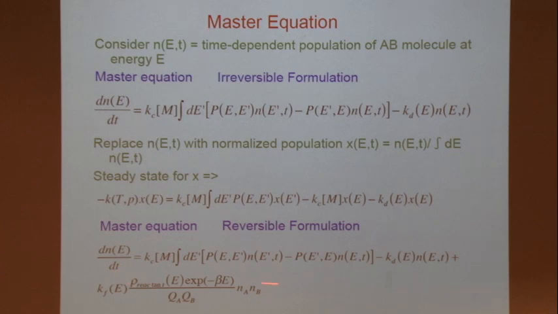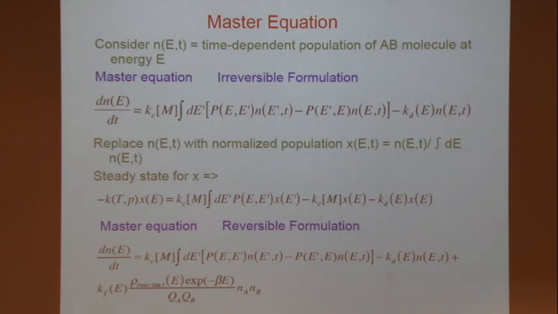Here's the reversible formulation. So here's the forward rate, here's the reverse rate, decomposition, formation, and all the energy transfers. So it's just a system of differential equations. You guys have done these a lot before. The interpretation I told you was the number of molecules here, the n, but another way to think about it is the probability of finding the system in a state.